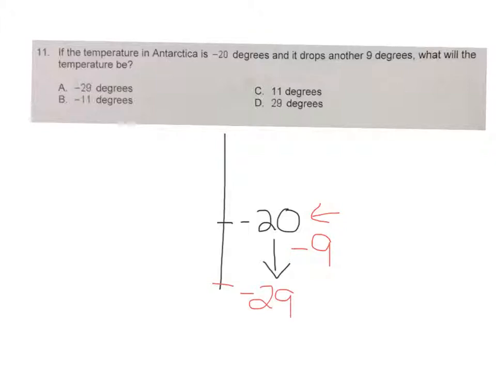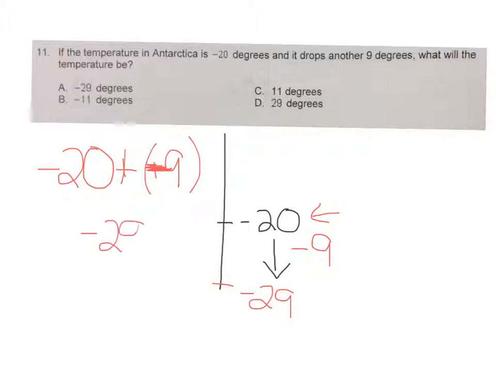If I want to think of that as an equation, negative 20 minus 9, add the opposite, plus negative 9. So then negative 20 plus negative 9 would be negative 29. So letter A is the correct answer. Obviously, it can't be C or D because that's getting warmer, and so is letter B.